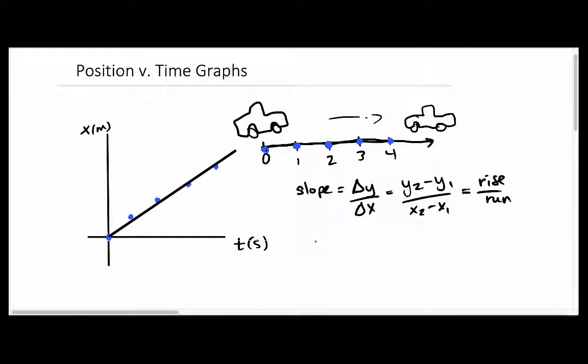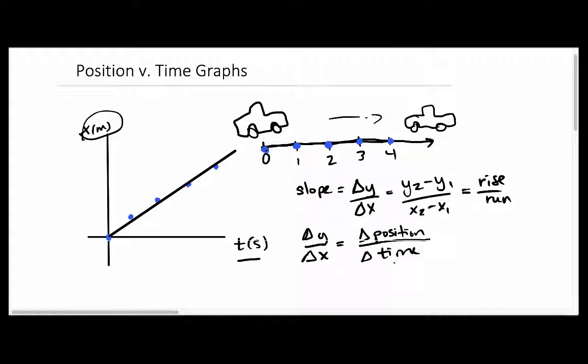Now, why is that important? Well, slope is your change in y over your change in x, which in our case, our y-axis is actually the x position. So when we do the change in y, what we're looking at is the change in position over our change in x, and x is the time.